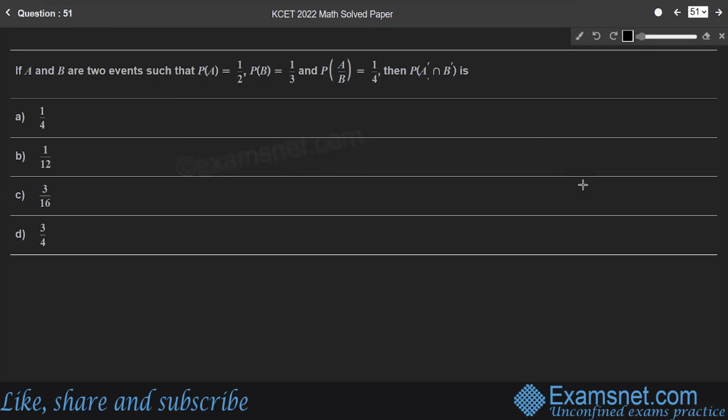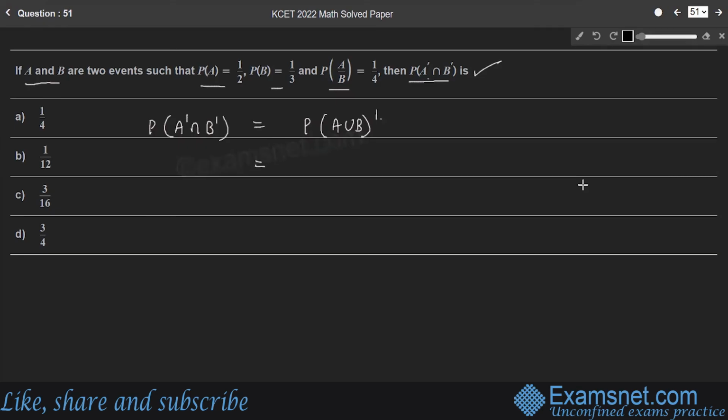Question 51. If A and B are two events such that P of A is 1 by 2, P of B is 1 by 3, P of A by B is 1 by 4, then P of A prime intersection B prime, or P of A dash intersection B dash, is. So we'll directly go to the formula for P of A dash intersection B dash, which is equal to P of A union B whole prime.